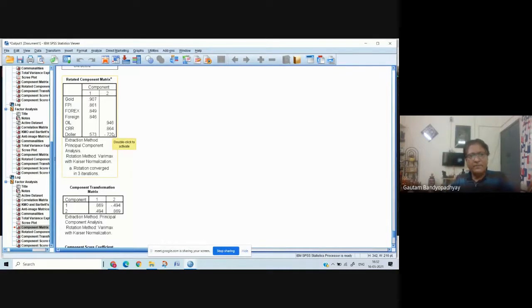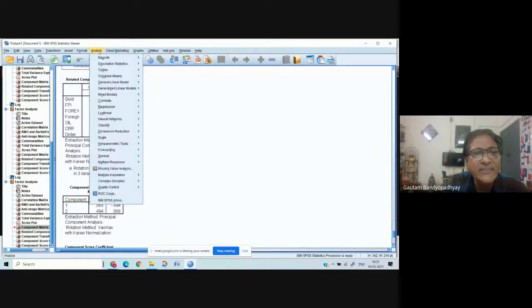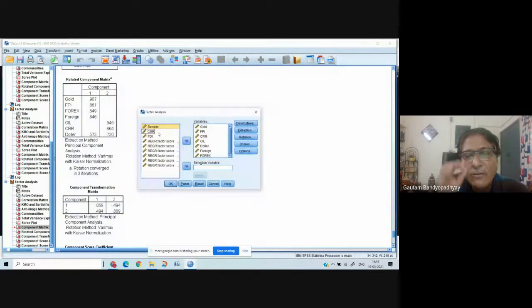Already I told you, in the case of orthogonal rotation there will be no interaction, because dollar appears in factor 1 as well as in factor 2. But in orthogonal rotation, the condition is that there will be no interacting variable. So initially we have to deselect dollar, because we need a perfect orthogonal rotation. Go to Analyze, Dimension Reduction, Factor, and deselect dollar.